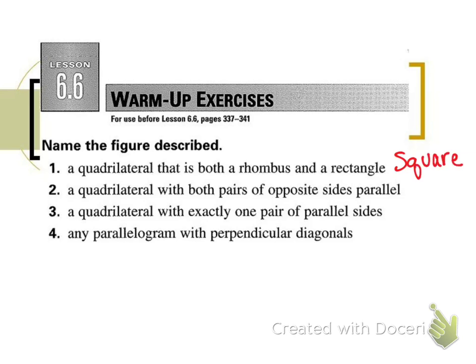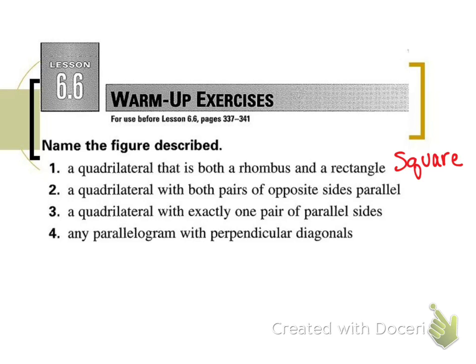Second one, a quadrilateral with both pairs of opposite sides parallel. Some of what you're saying is too specific. We don't know anything about the sides being all congruent to each other.